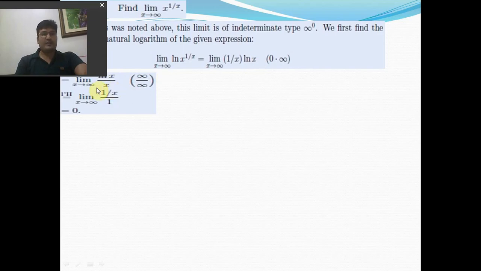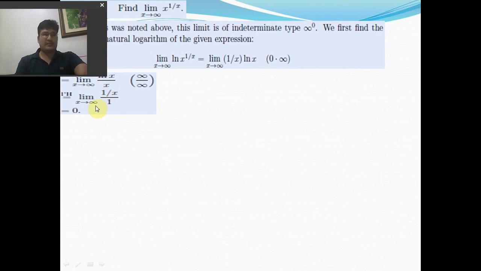Now if we apply the limit x is equal to infinity, we will obtain infinity by infinity form. Now we can apply the L'Hopital rule. So applying L'Hopital rule, differentiation in numerator 1 upon x and differentiation in denominator 1.